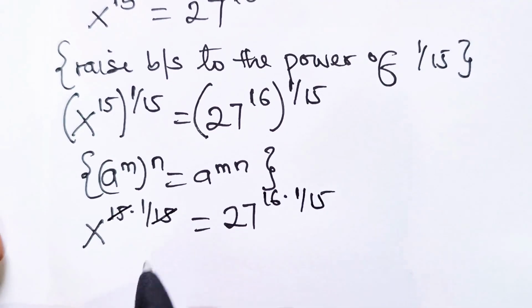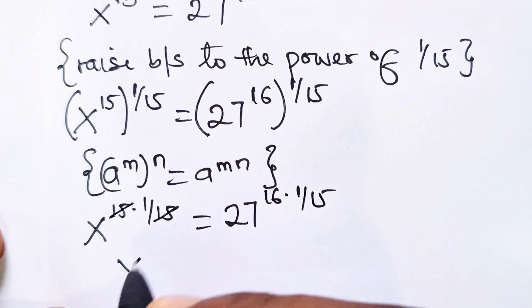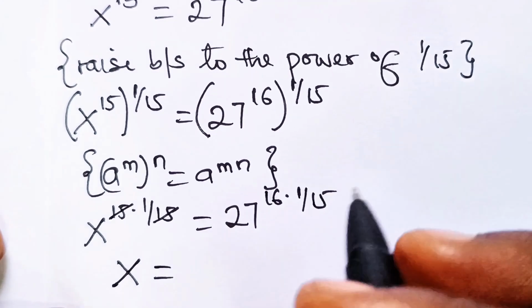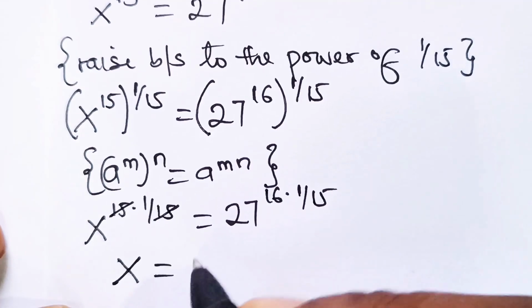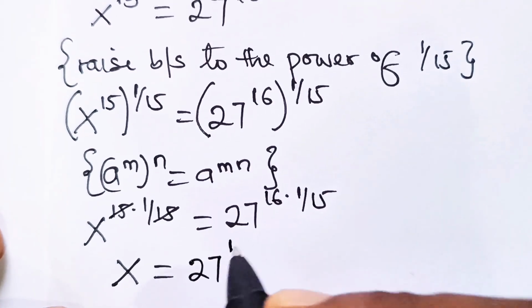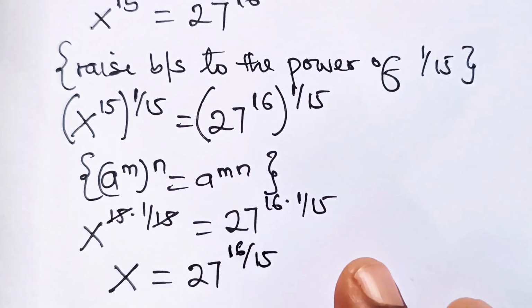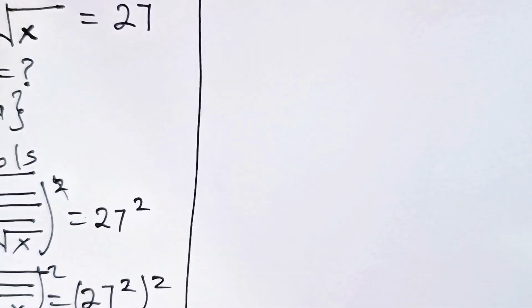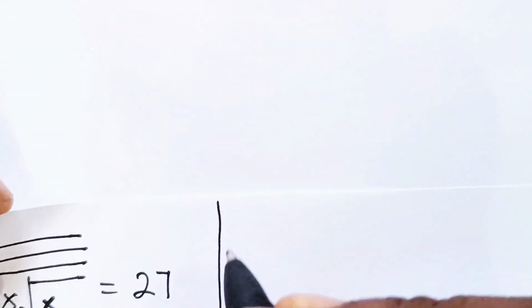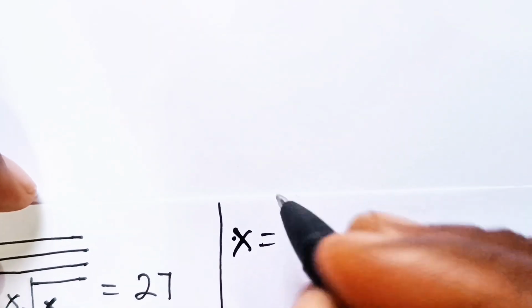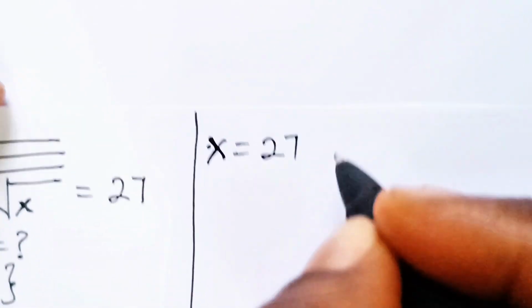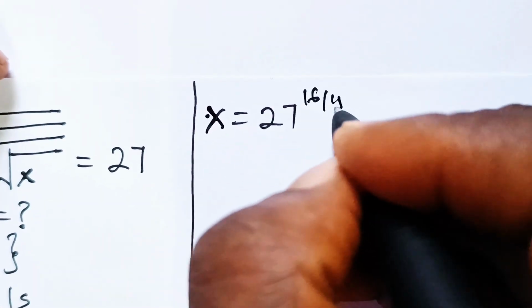So 15, we remove 15. We have x is equal to 27 to the power of 16 times 1 over 15, so 16 over 15. Now this is what we have, that x is equal to 27 to the power of 16 over 15.